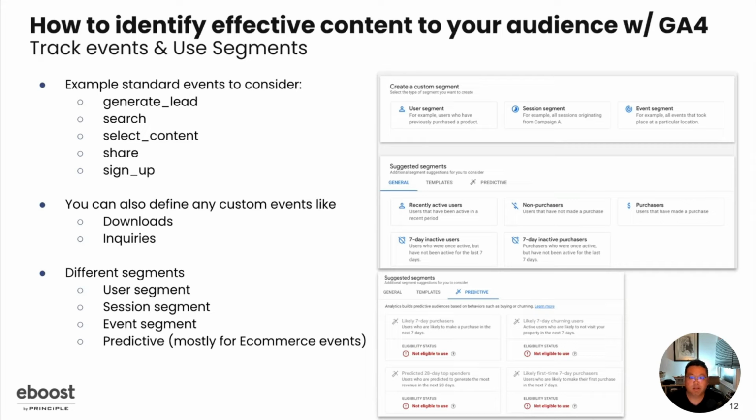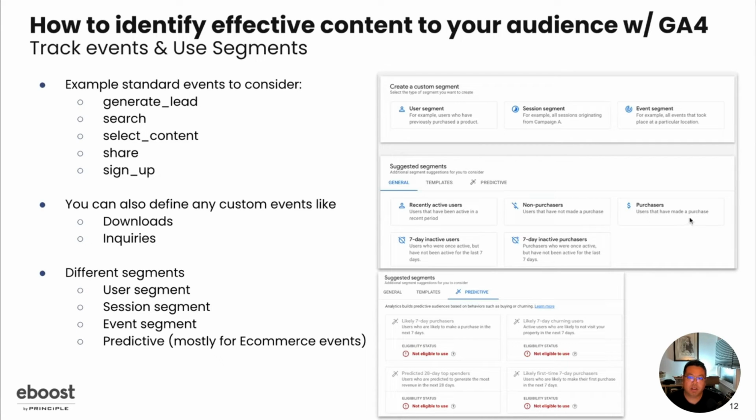So from that perspective, these micro outcomes or even conversion events that we talked about earlier, like standard events such as generate leads, search, select content, share, sign up. A lot of these micro conversions or even conversions are going to be really important, right? You can also define custom events like downloads or inquiries. So all these actions that happen on a website, you definitely want to think about how that's going to lead to better lead acquisition.